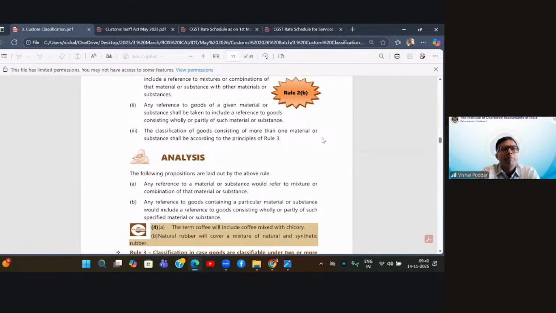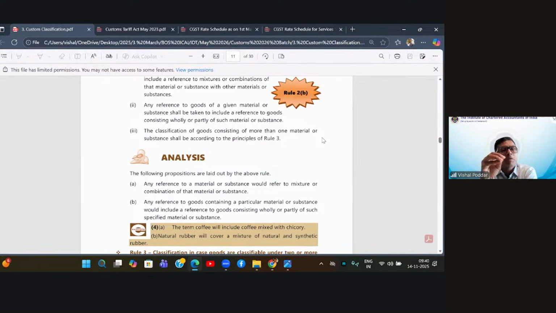Now, when I am applying 2B, which says that you classify your product taking the reference of the material used in making the product, I find a small problem, because my product mango lassi is made of two components. One is mango pulp and one is the lassi, which is a product of milk.